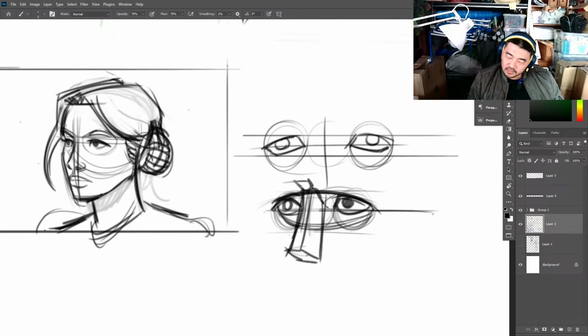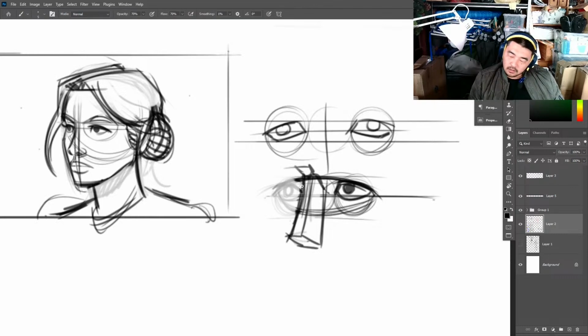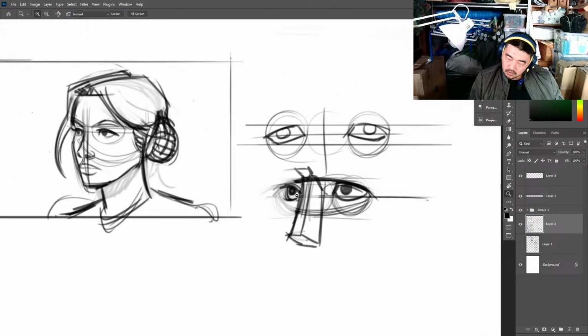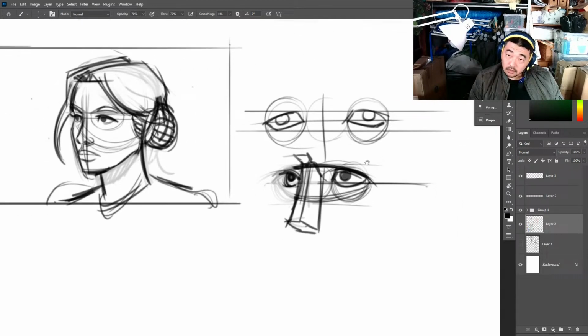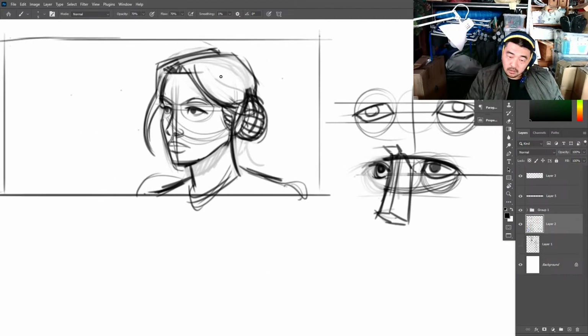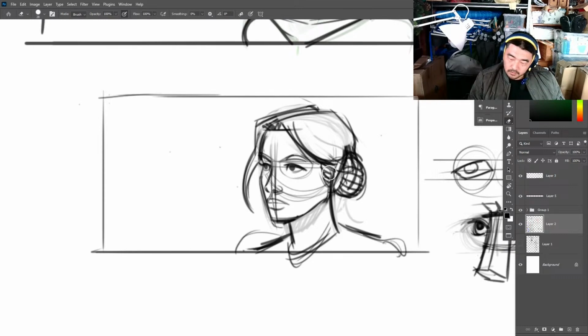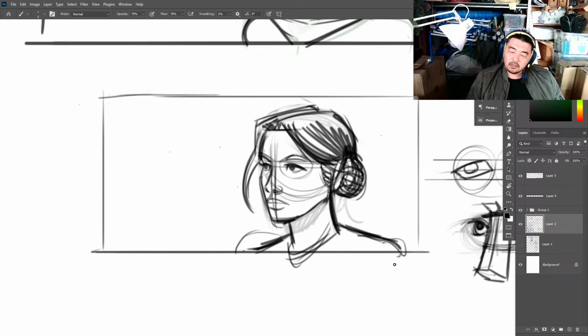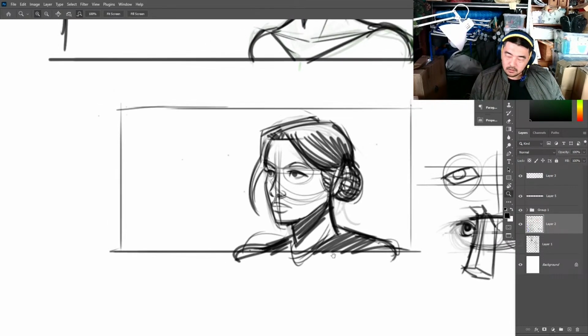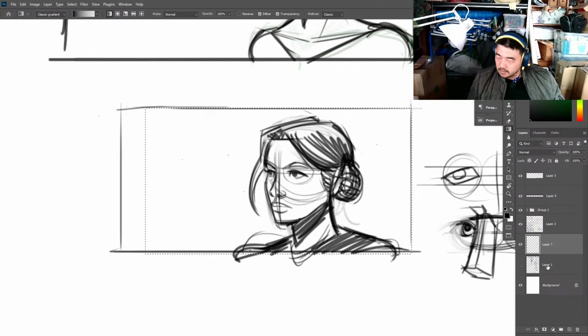Again, you could simplify something once you understand it. Basically, this eye over here is squished. Let me just finish this drawing up. Here we go back to that instant depth.